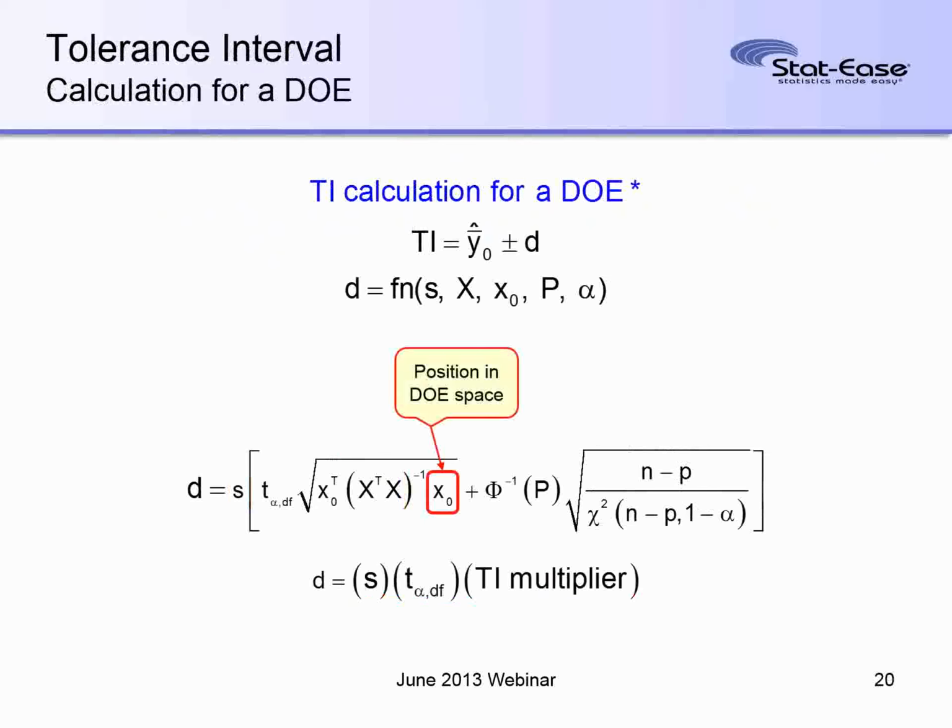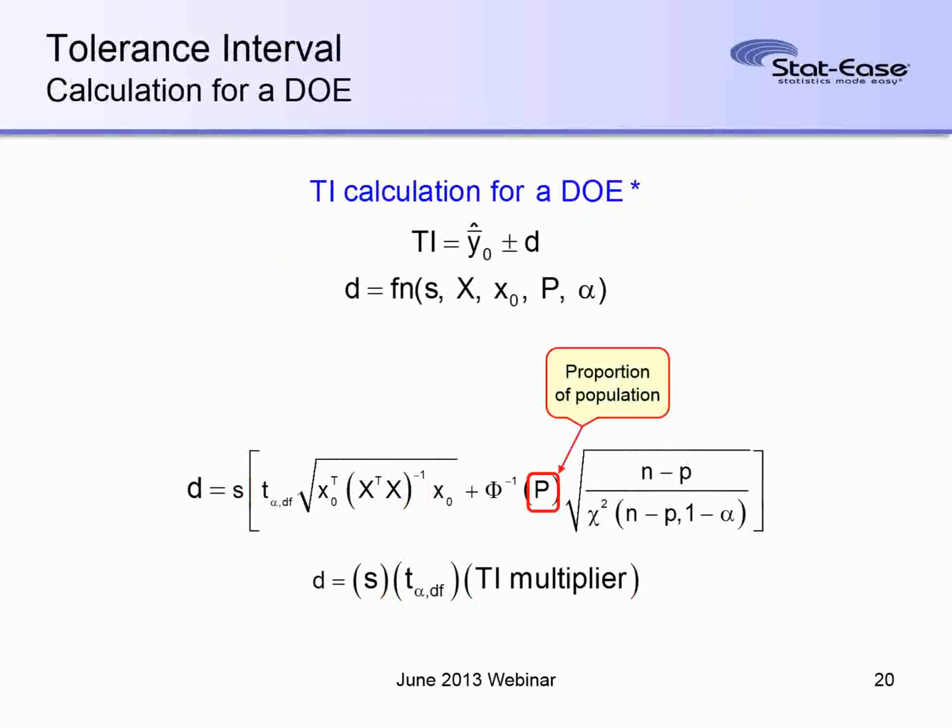We also have different precision, a different width of the tolerance interval depending on where we are and what predictions we're making. So this point vector has one element in it for each term in the model, and the position will be in the coded values ranging from -1 to 1. That gives us a positional tolerance interval. The P is the proportion of the population that we're interested in.